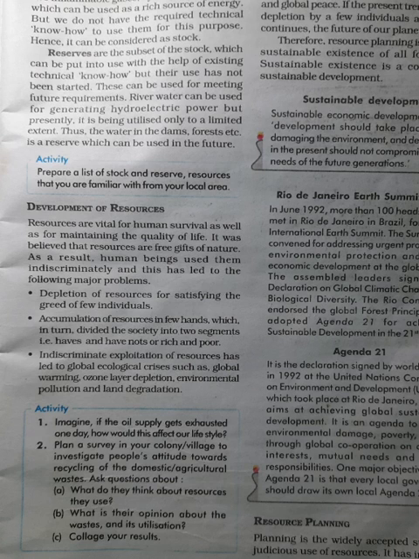This causes a negative impact on nature, like depletion of resources for satisfying the greed of a few individuals, and accumulation of resources in few hands, which in turn divides society into two segments, poor and rich. Indiscriminate exploitation of resources has led to global ecological crises such as global warming, ozone layer depletion, environmental pollution, and land degradation. So these are the results of using resources indiscriminately.